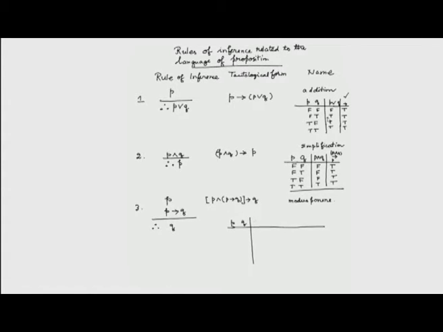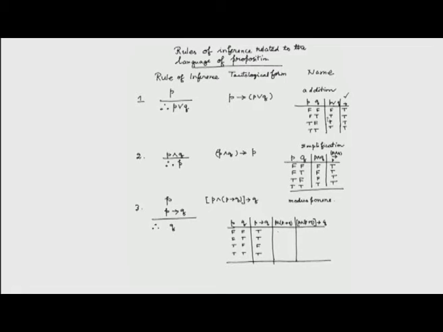We have P, Q again as before, and we have P implies Q, and lastly we have P and P implies Q, and then P and P implies Q implies Q. We list down the truth values of P, Q. Then P implies Q is true, true, false and true.